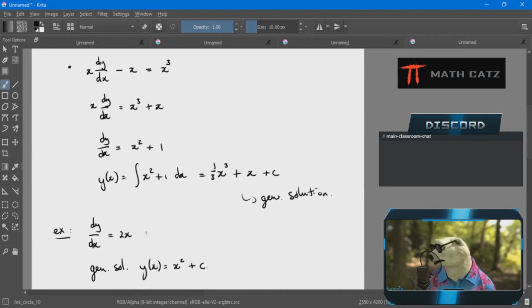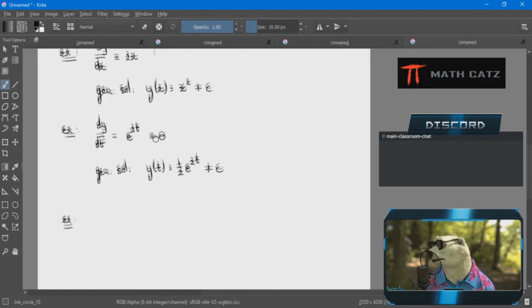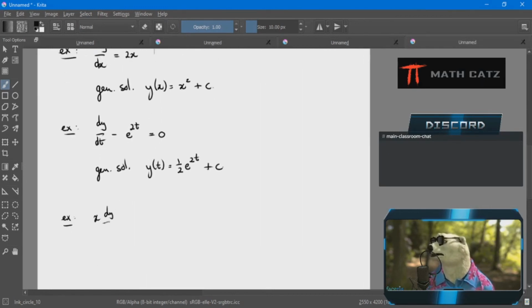x times dy/dx minus x equals x cubed. And we found a general solution.